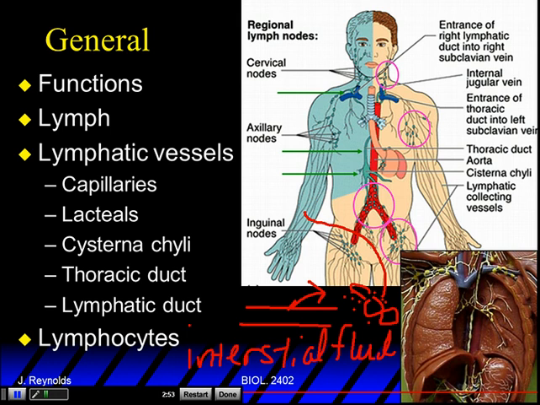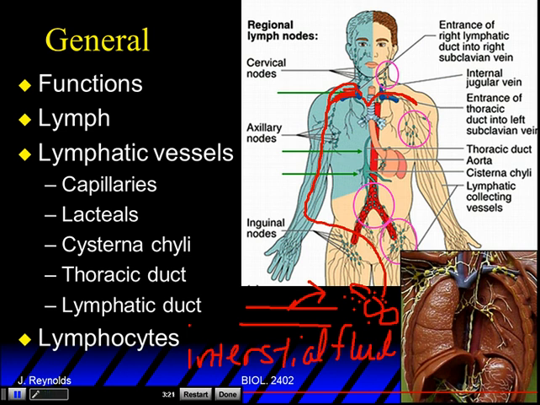So this fluid now is swept up. We'll again talk about how it gets into these vessels, and it moves up these vessels. And we get up here, there's a subclavian vein. You can see it in blue right there. And there's one on the left side over there. And that lymphatic fluid goes now into the subclavian vein and into the superior vena cava, where these drain, obviously, and into the heart.